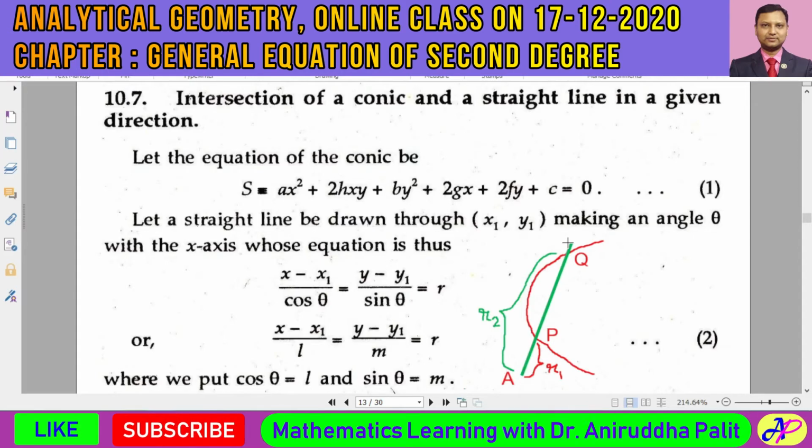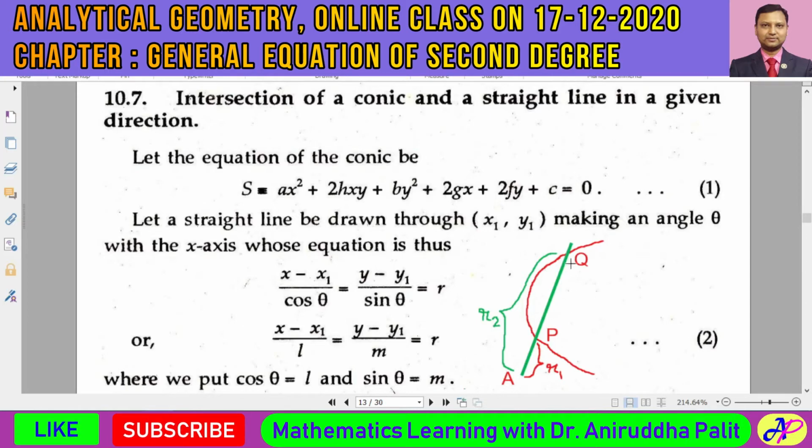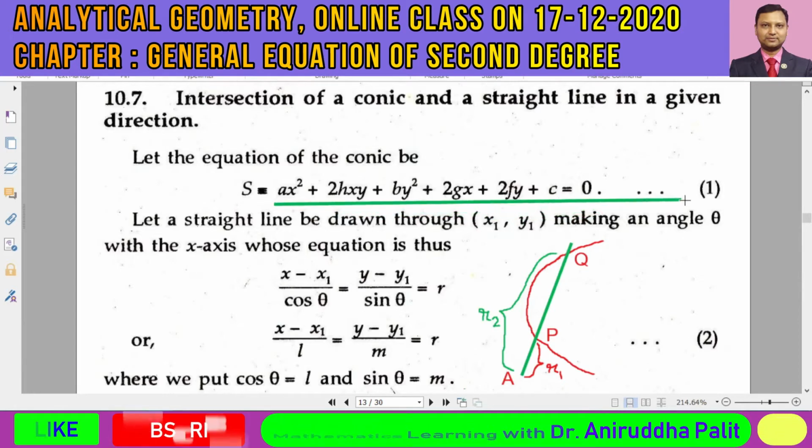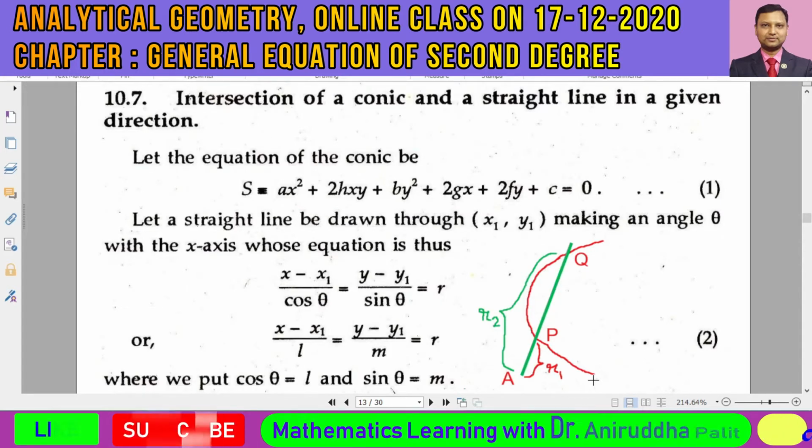We are going to prove that mathematically this straight line will cut a curve given by this kind of equation number 1 at most at 2 points. One is the point P, another is the point, suppose, Q. So let's prove how it is possible. I am drawing this figure geometrically, but mathematically, without the help of geometry, I am going to prove this result.